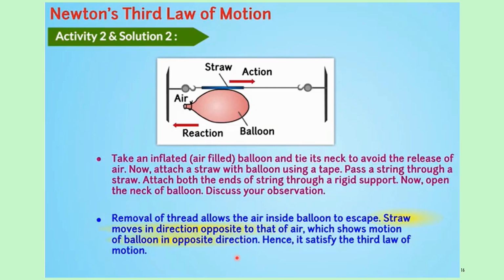Hence it satisfies Newton's third law of motion. The air coming out of the balloon is the reaction. The straw moving backward is the action. Here you can observe every action has an equal and opposite reaction.